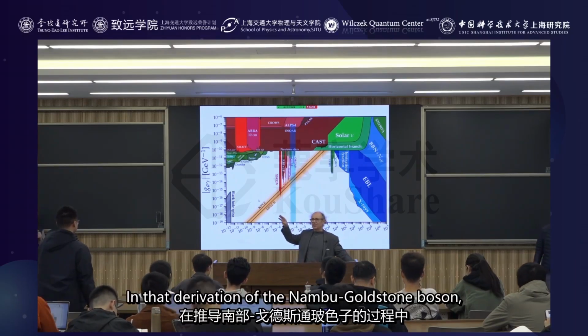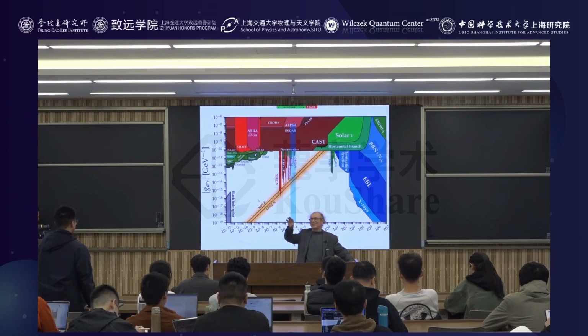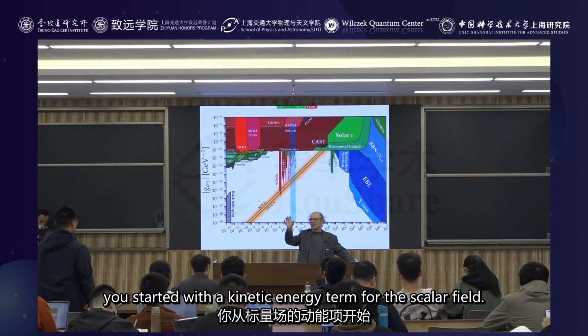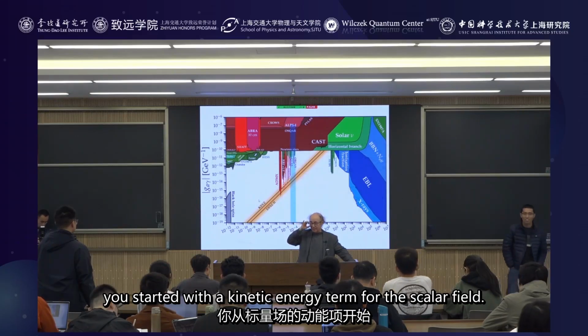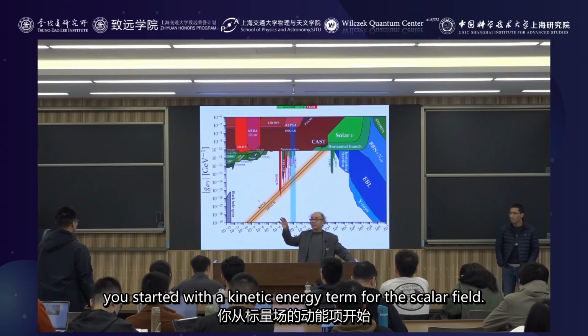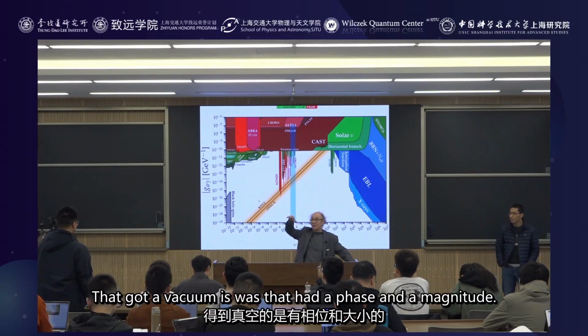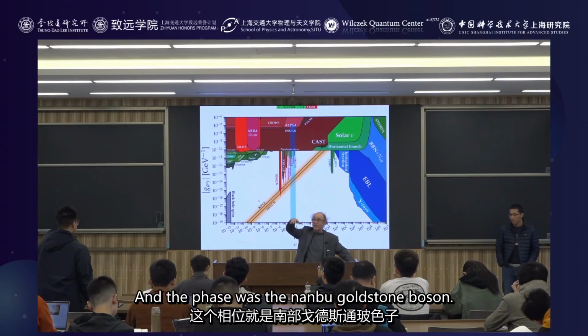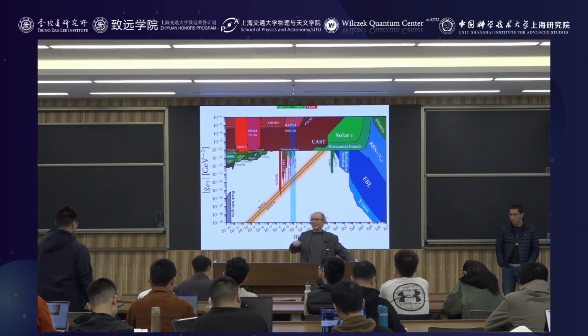In that derivation of the Nambu-Goldstone boson, you started with a kinetic energy term for the scalar field that got a vacuum that had a phase and a magnitude, and the phase was the Nambu-Goldstone boson.